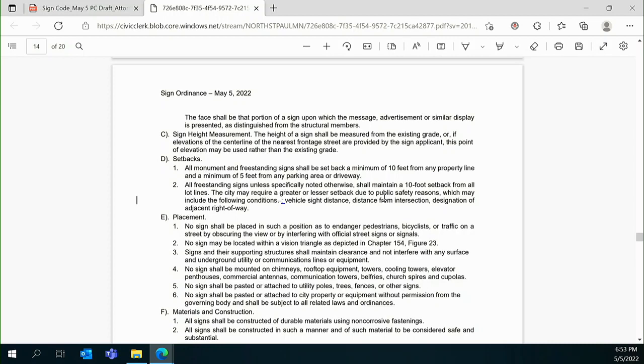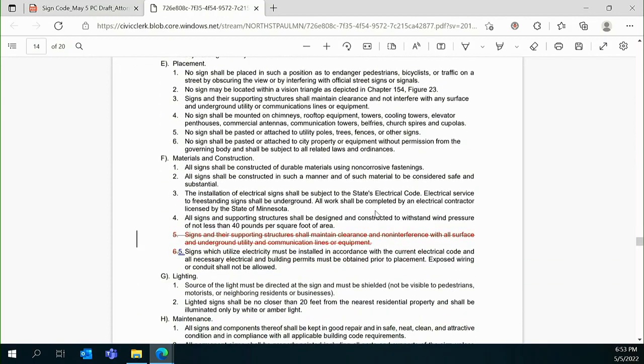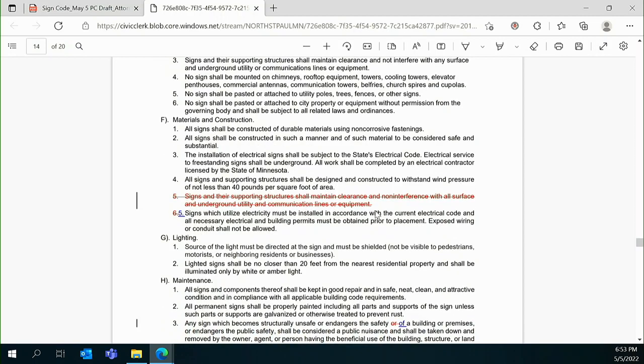On that same page, under F, materials and construction, could we combine 3 and 5? My 5 is crossed out. Five's gone, the new 5.